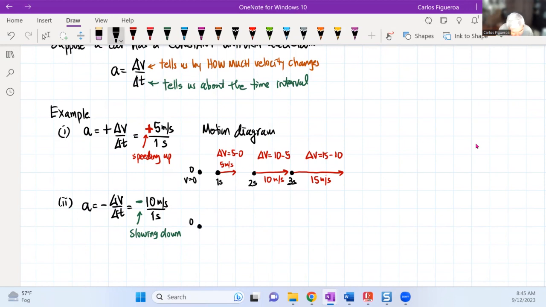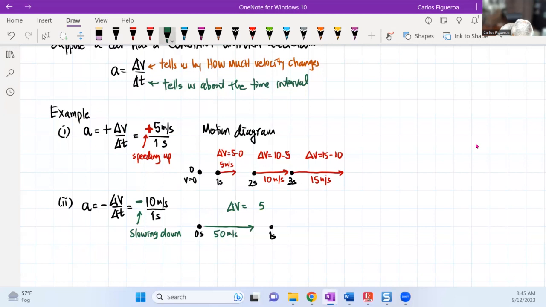I know that at point 0, let's say that this object is moving at, let's say, 50 meters per second. At some point in the future, let's say that this is 1 second, and I should have been putting 0 seconds here. You can see that by having a negative acceleration, it's going to decrease my velocity.